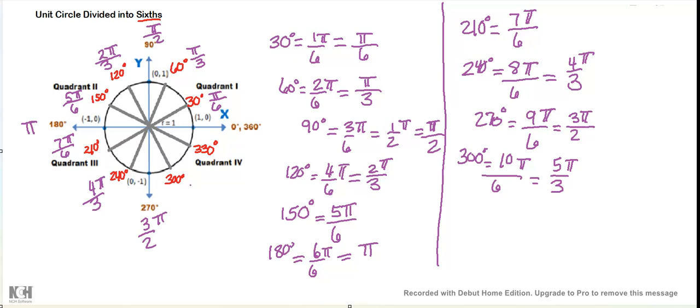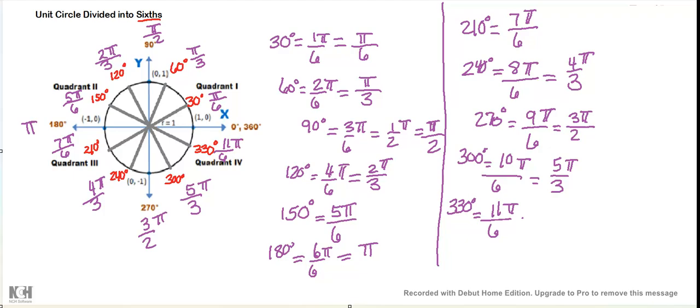So this one is 5 pi over 3. Moving right along to 330 degrees. Right, this one was 10. This is 11 pi over 6. And that is simplified. So we have 11 pi over 6.